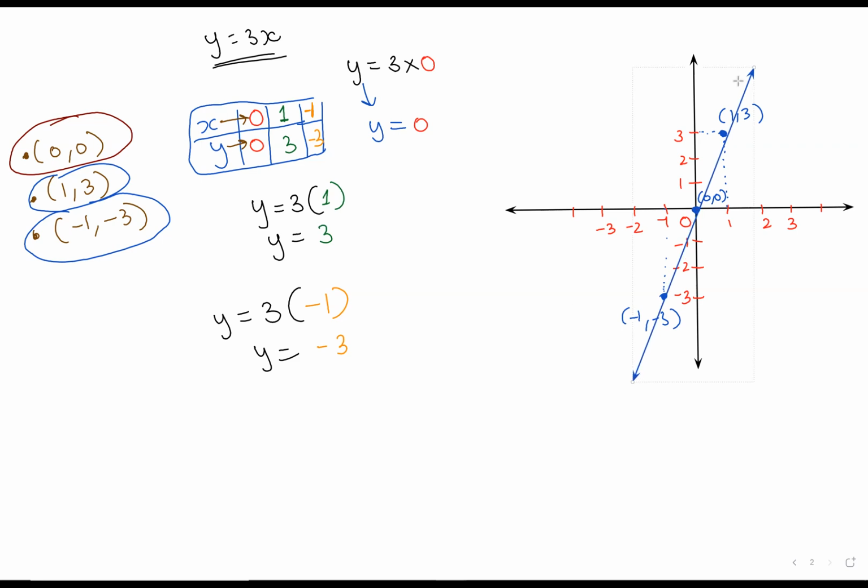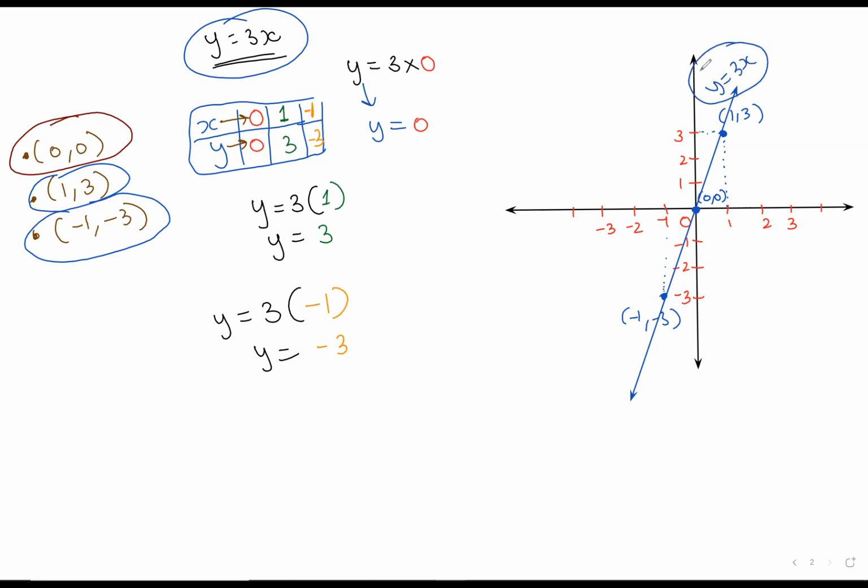Okay, so that is my line. And what does this line denote? This is the line graph of our equation y is equal to 3x. I'm going to write it somewhere over here. Y is equal to 3x.